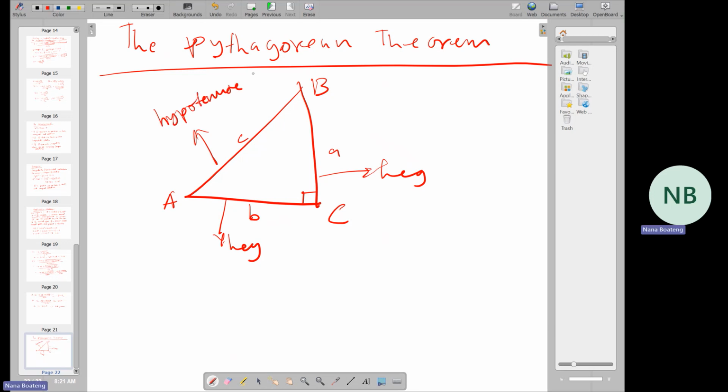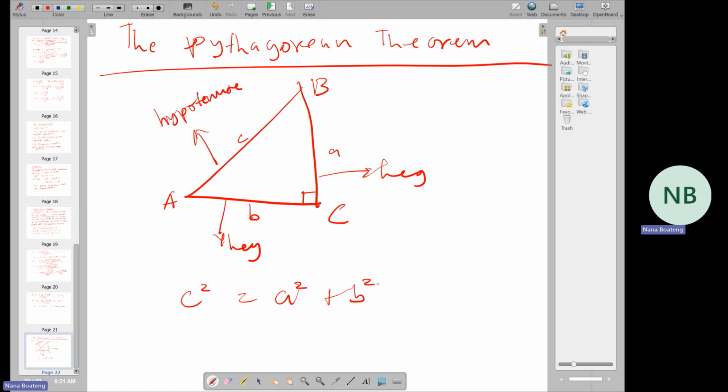All right, so if we have such a relationship, the Pythagorean theorem states that c squared, the side c, is equal to the length of the side a squared plus the length of the other side b squared.